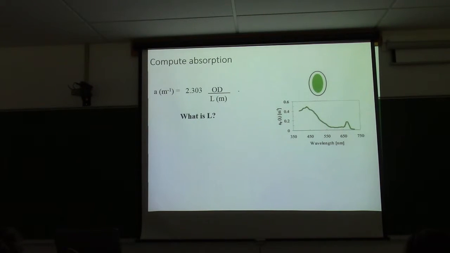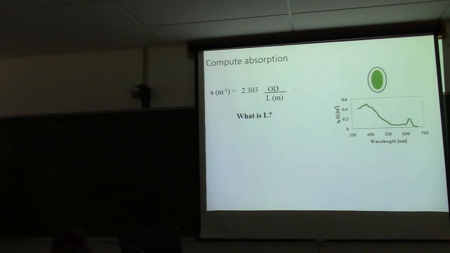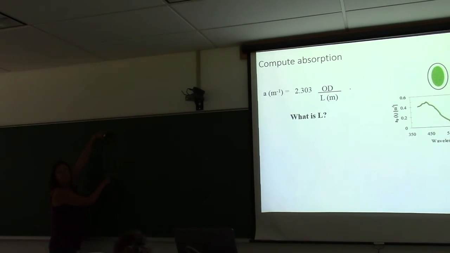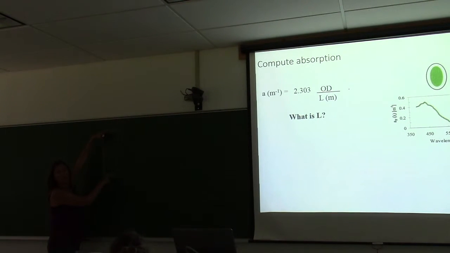So what's your path length? If we hadn't filtered yet, here are all of our particles. That is our path length. Pardon? The volume, the total volume divided by area.